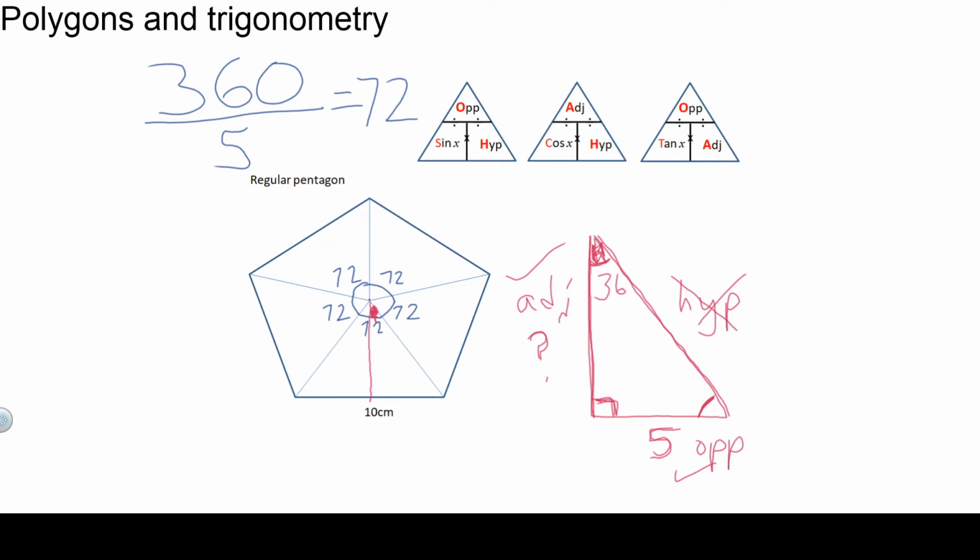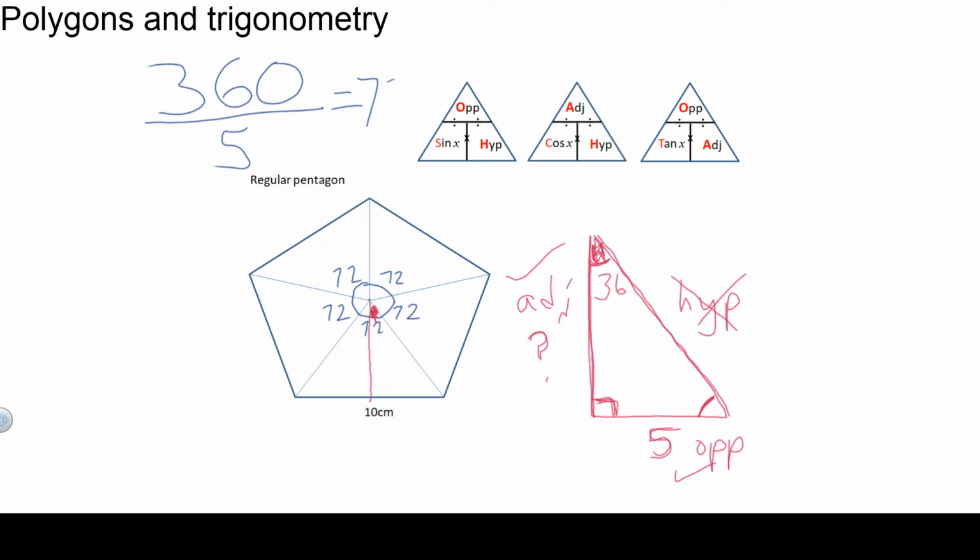So now we need to look at which one of those 3 triangles we need to use for our calculation. So which triangle has got the words opposite and adjacent? It's clearly the third one. The third one has got the words opposite and adjacent.